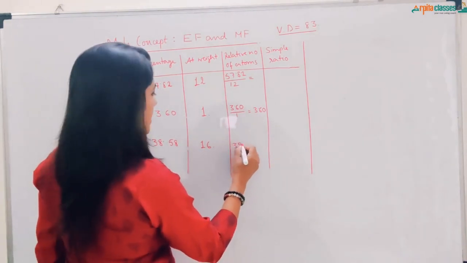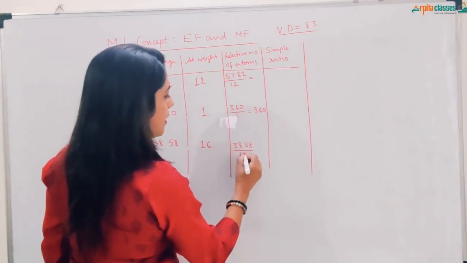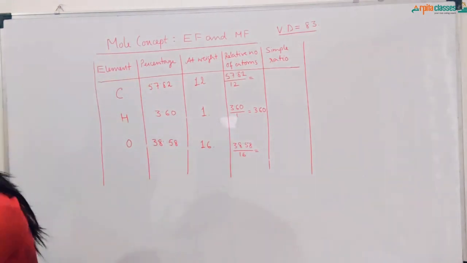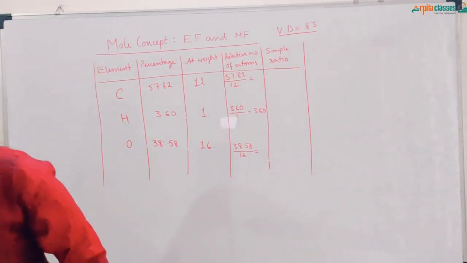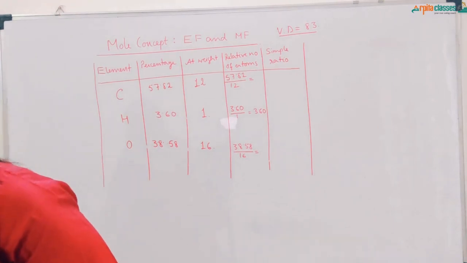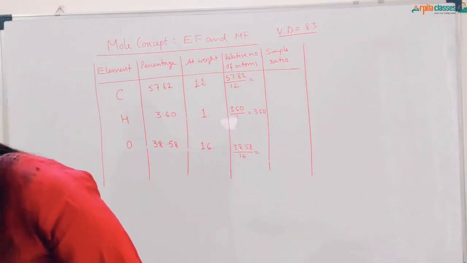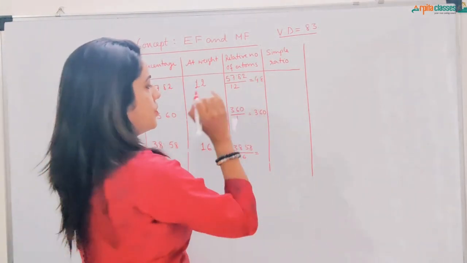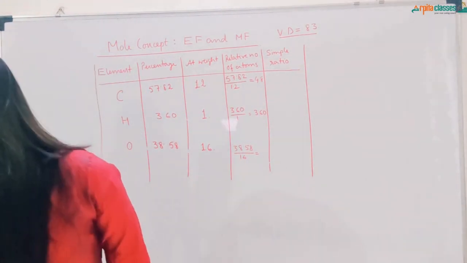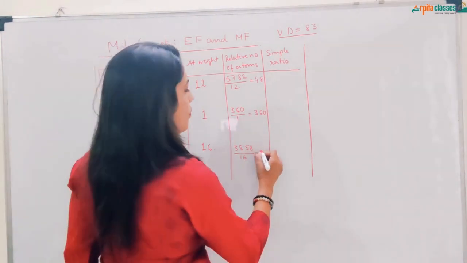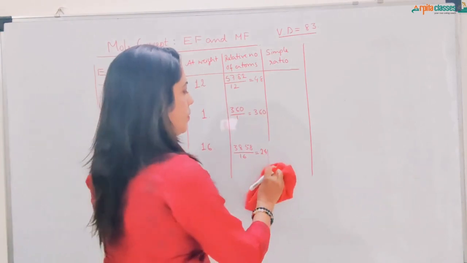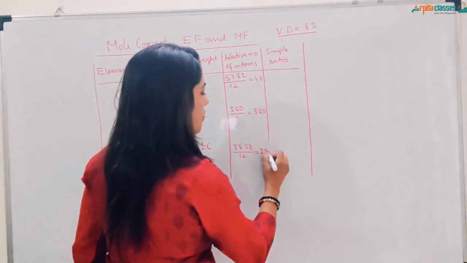And here it is 38.58 divided by 16. We'll do the calculation a little faster. So here it comes 4.8. This is 3.60 and this is coming 2.41. I'm not doing the calculation, you can do the calculation on your own, 2.41.